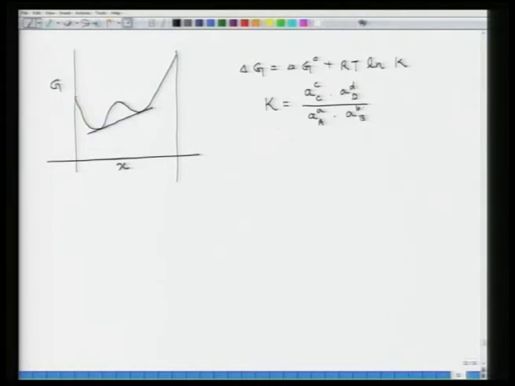And assuming that it was an ideal solution, this is equal to Nc to the power C into Nd to the power D divided by Na to the power A into Nb to the power B. So, this is your K.